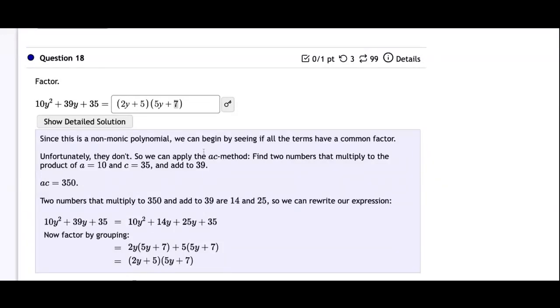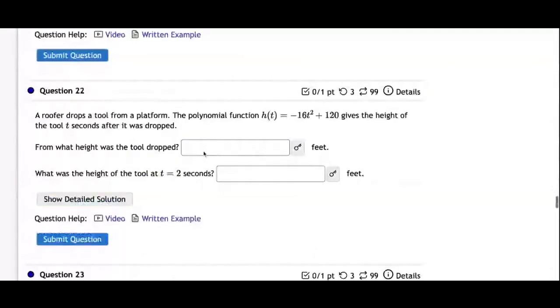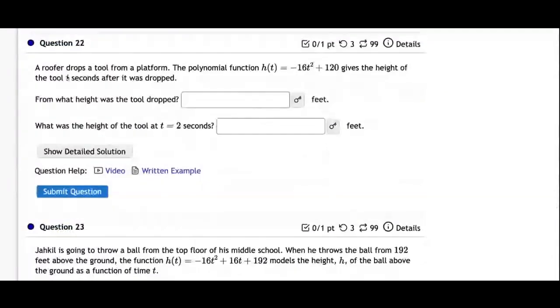22, okay. A roofer drops a tool from a platform. The polynomial function gives the height of the tool t seconds after it's dropped. From what height was the tool dropped? 120, right?